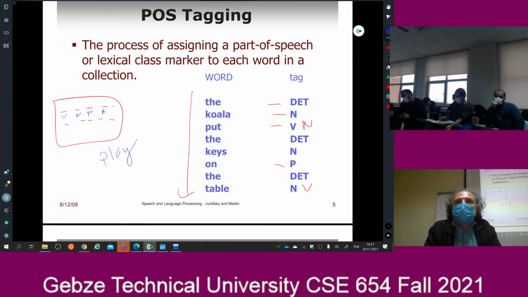Or if I am doing a sentiment analysis, is this a positive sentence or negative sentence? Again, I need to know the part of speech tag. For sentiment analysis, adjectives are very important.